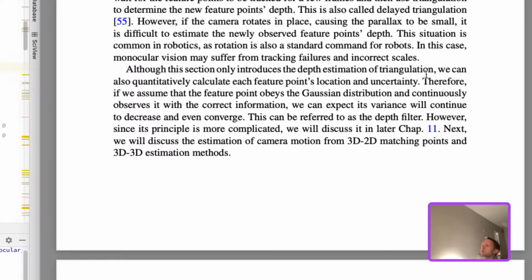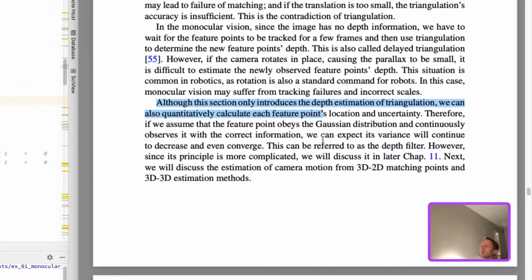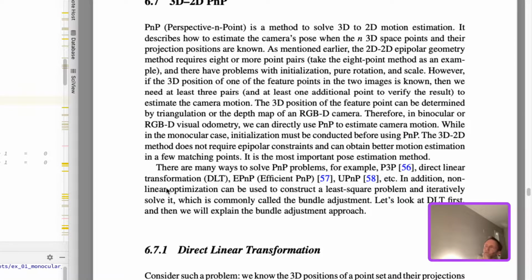This section only introduces depth filter. It's more complex, so only in chapter 11 we'll talk about it. Okay, I take it.